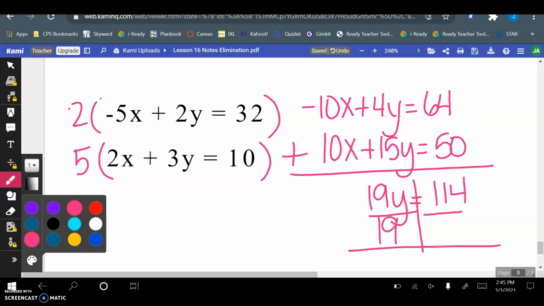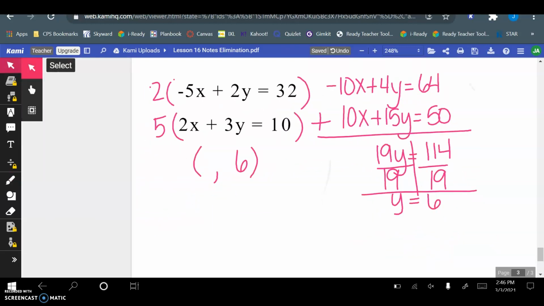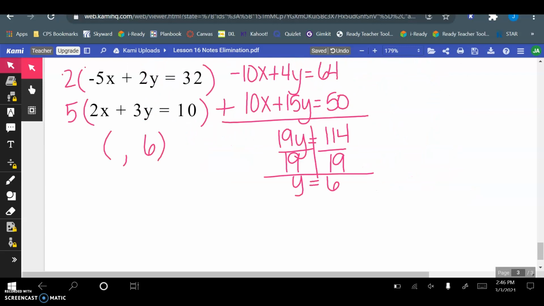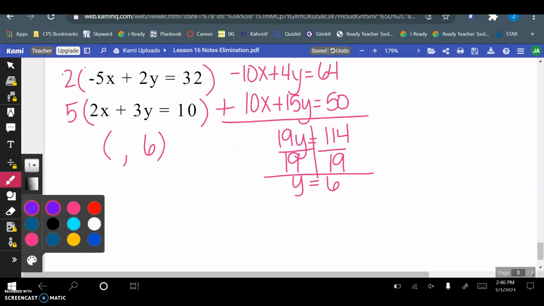And I'm going to divide everything by 19. I get y equals 6. Then I'm going to plug that back into one of the originals. I'm going to pick the bottom one this time. So 2x plus 3 times 6 equals 10.